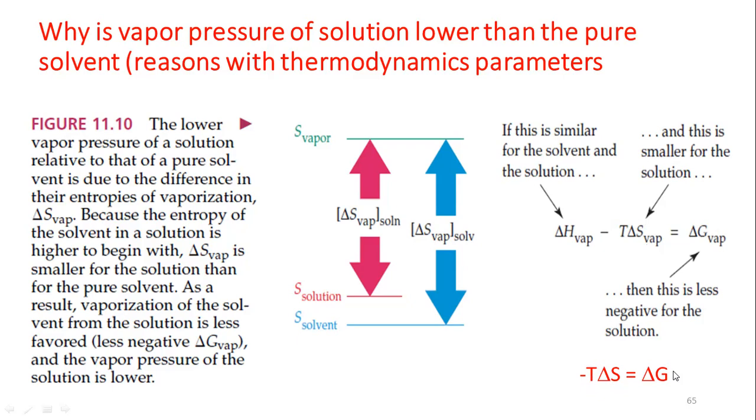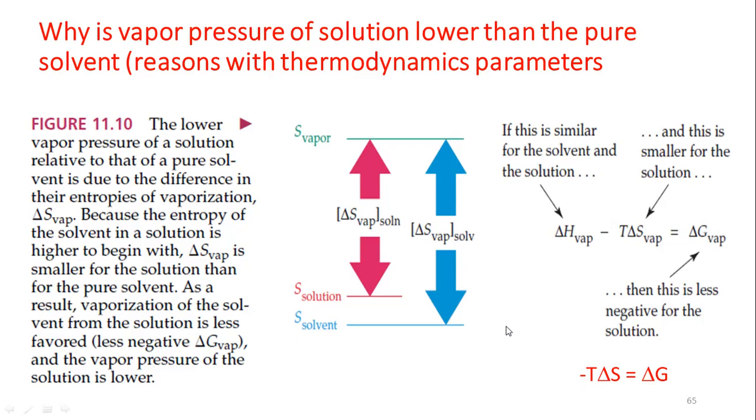If delta G is less negative, that means vaporization of the solvent from the solution is less favored and the vapor pressure of the solution is lower. This is the reason why the solution has lower vapor pressure as compared to the pure solvent, because the change in entropy in case of the solution is less. So delta G would be less negative.